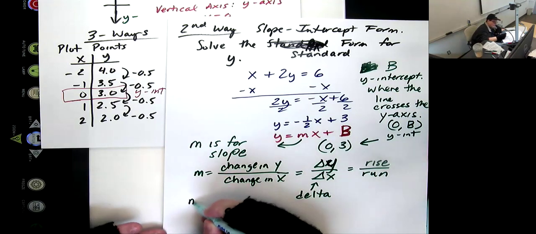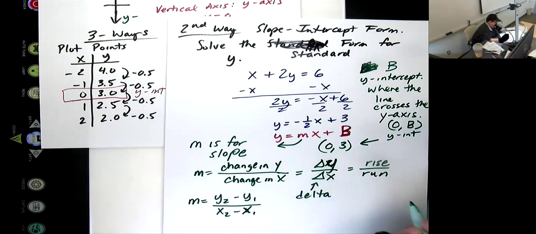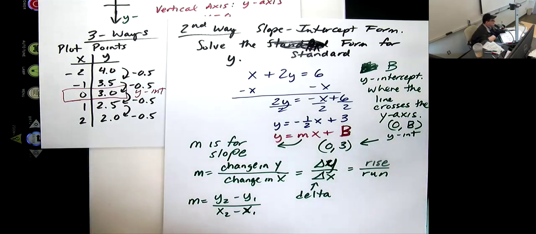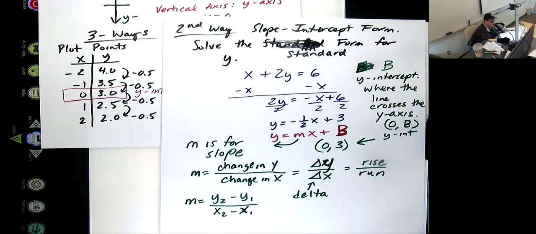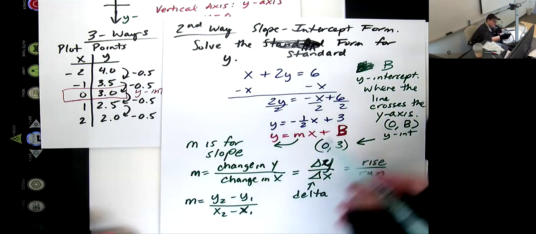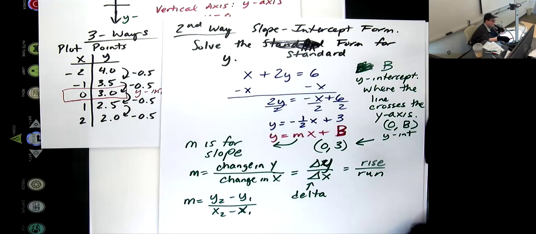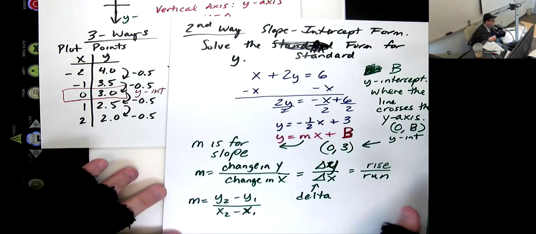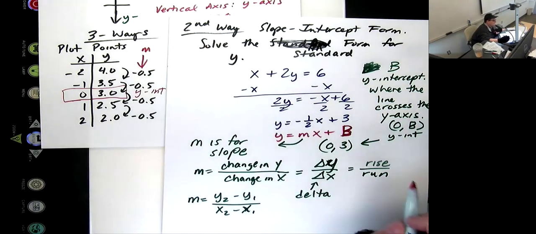The math calculation for it is y2 minus y1 over x2 minus x1. For us, m was -1/2. Did we see -1/2 over here on the left? Yeah. All of these illustrate our m.